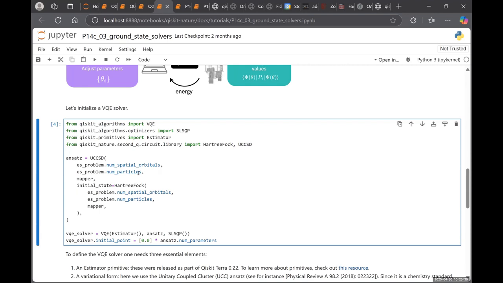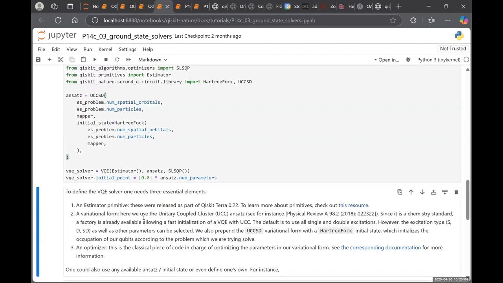So again, you will need to say a few things about the problem: the number of spatial orbitals, number of particles, mapper, initial state. And this is the VQE solver ansatz. So you set up this ansatz. We can print out the ansatz.